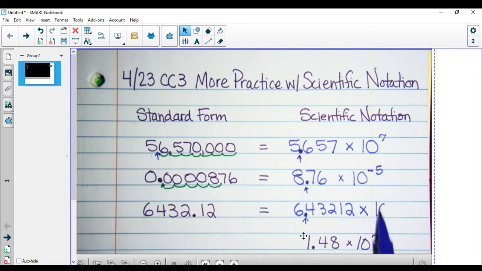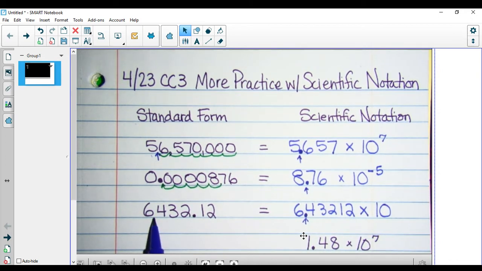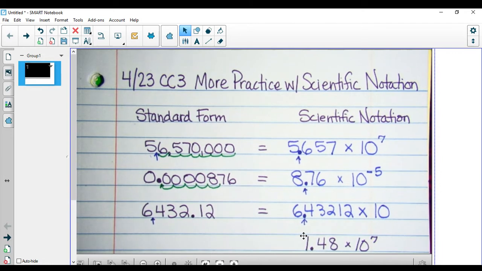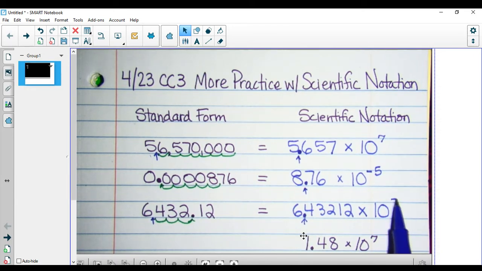I know I'm multiplying by 10 to some power. So if that's where I put my decimal, how far does it need to move to go back to where it had the original value? I moved it 3 digits to the right to get it back where it belongs. So I need to multiply by 10 to the 3rd power.